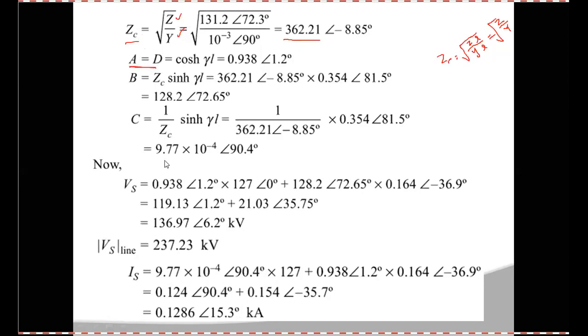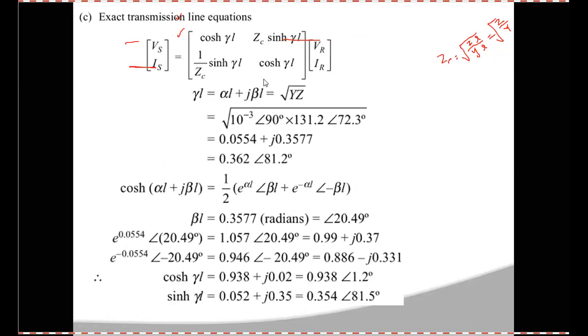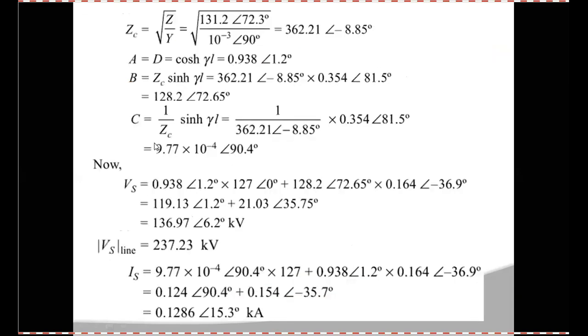If you see here in this equation, the exact solution, the A and D parameters are both equal, which is equal to cosh gamma L. That cosh gamma L value is 0.938 at an angle of 1.2 degrees.